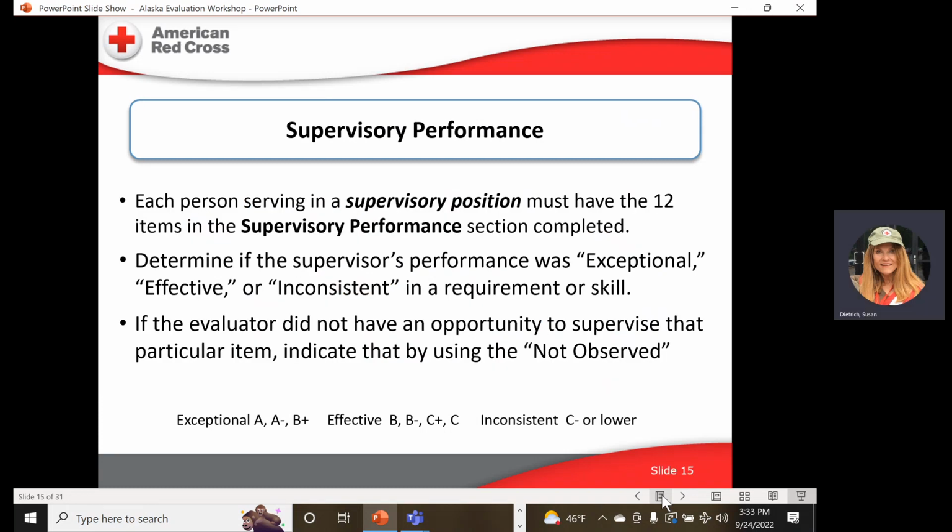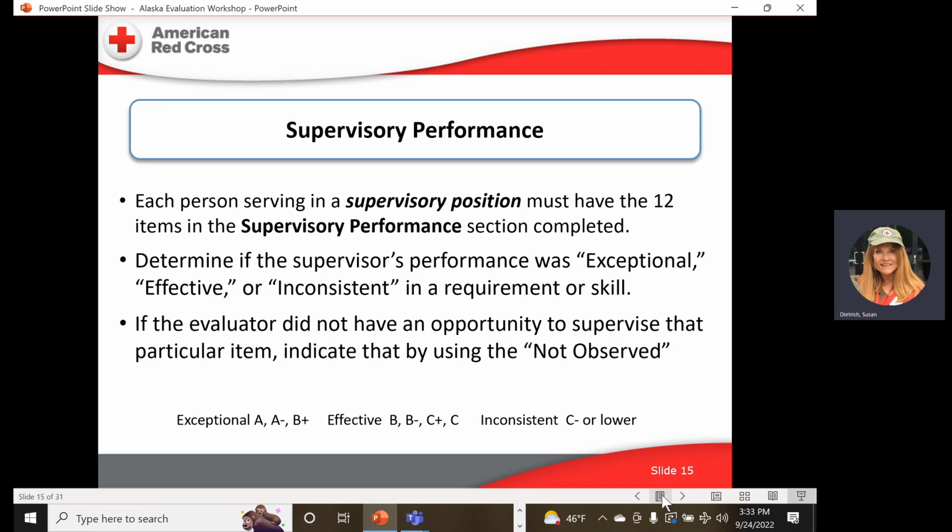Now, each person serving in a supervisory position has to have the 12 items in the supervisory performance section completed. So that means if you are the manager, you need to complete both of those areas. You need to complete the supervisory position area.